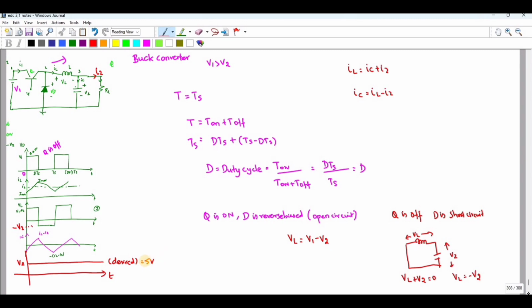The current I2 is equal to V2 divided by RL. That is this current.